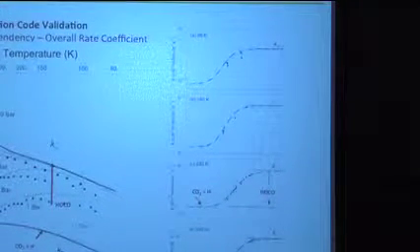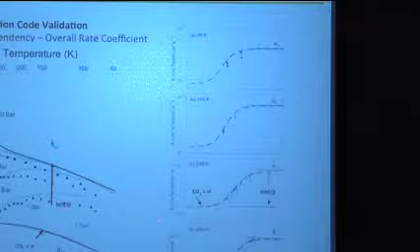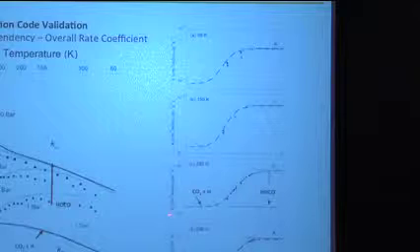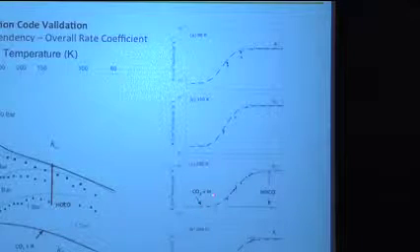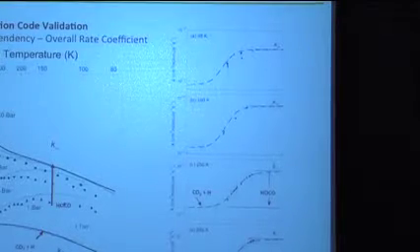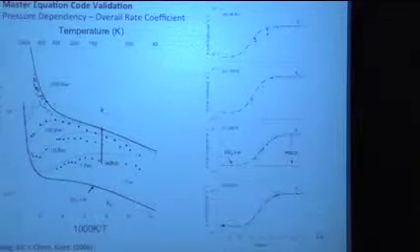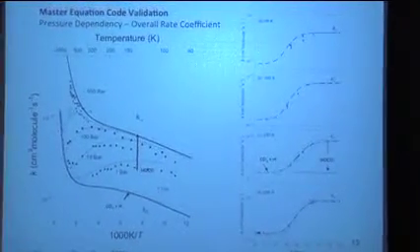The reason why this happens is quite simple. The lower part has to do with the product, CO2 plus H. Pressure is so low that when you form this HOCO complex, it has no opportunity to be stabilized.